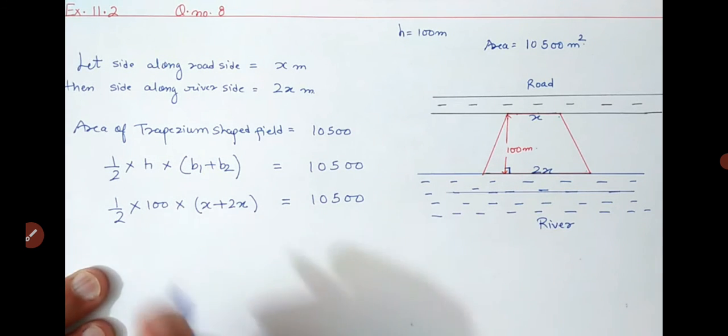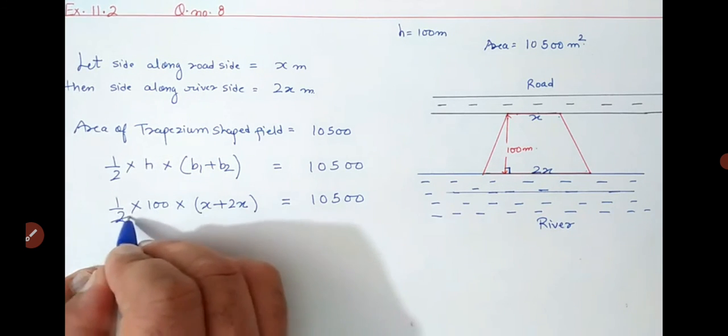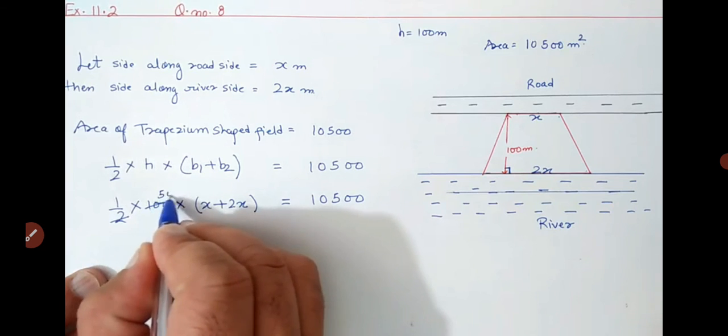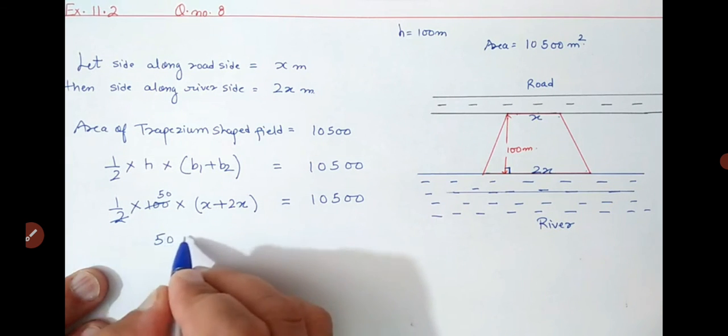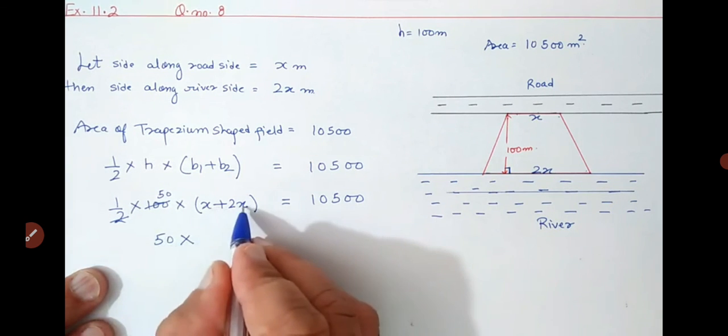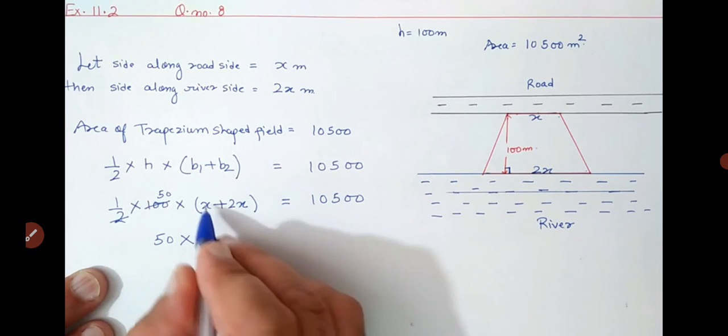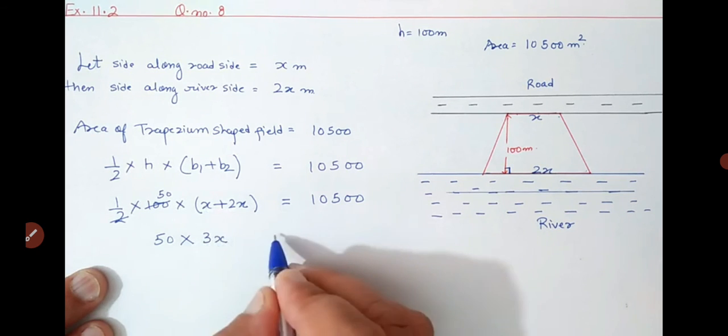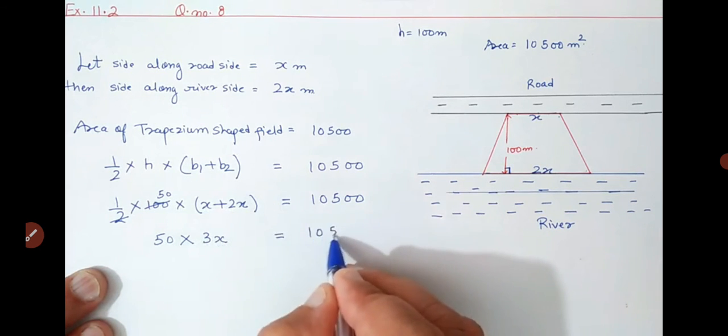1/2 into 100, 2 ones are 2, 2 fives are 10, and 50 into x plus 2x, that is 3x, is equal to 10,500.